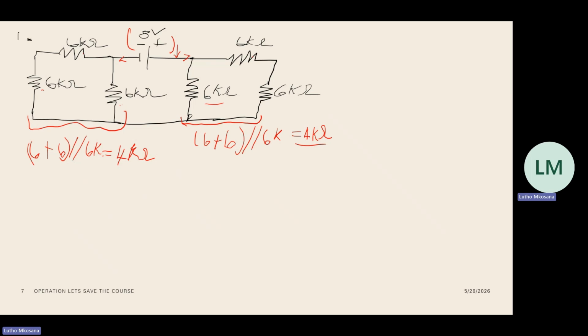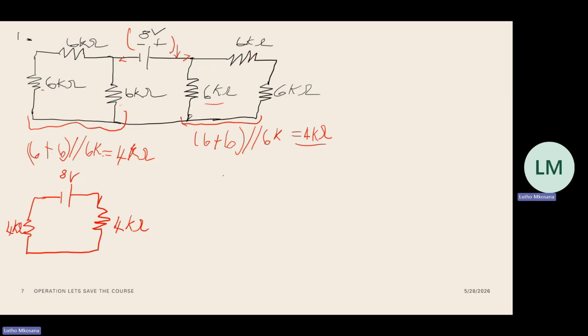Then if we redraw our circuit, we will have kilo ohm and 8 volts over there, which makes these two in series.